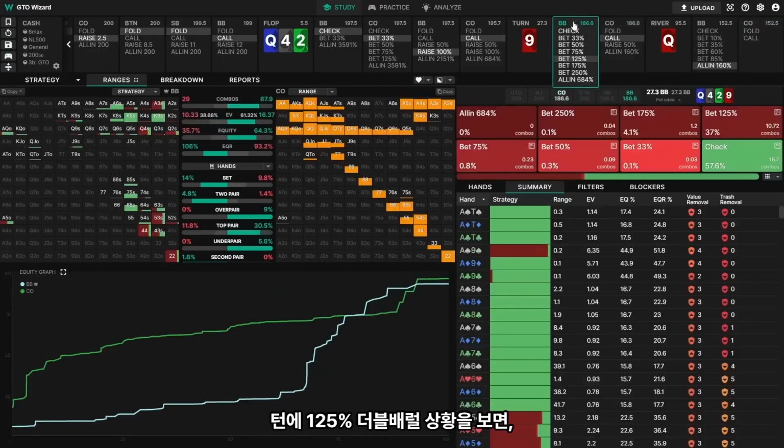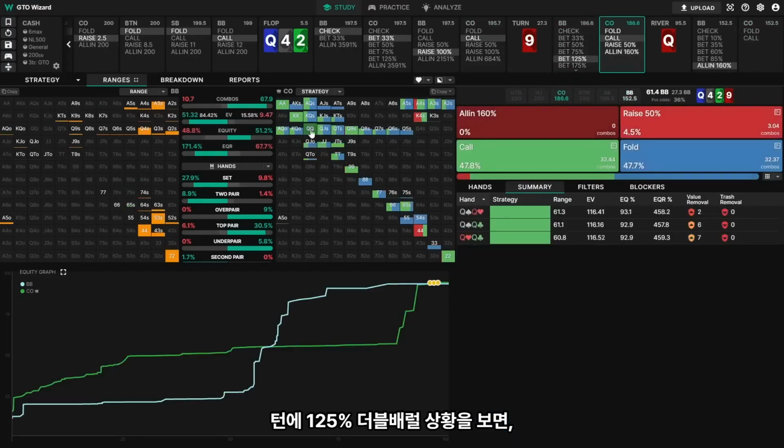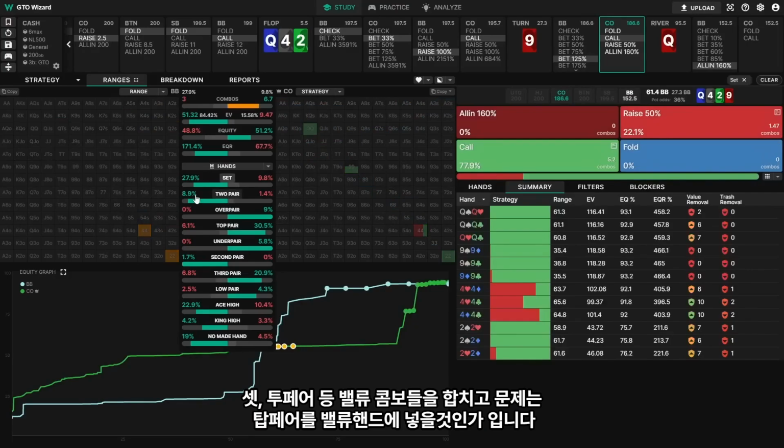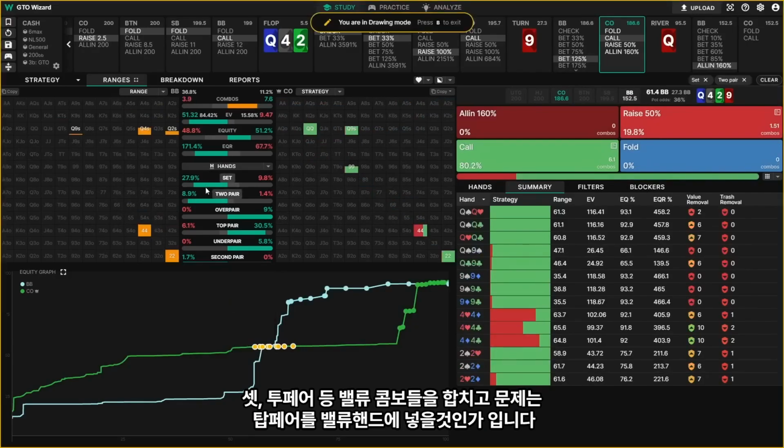So let's go back to the turn. We've overbet 125%, action on cutoff, and I'm just going to select our value hands here. So again, these sets, these two pairs, these are clearly value. The only other question is, does top pair count as value?